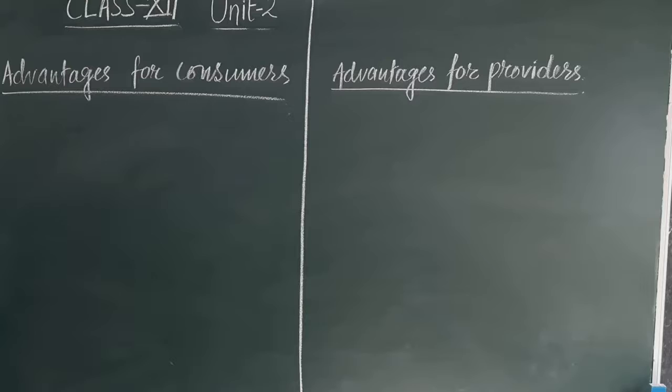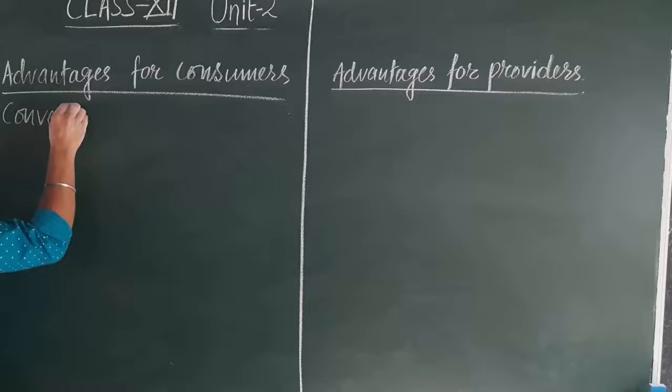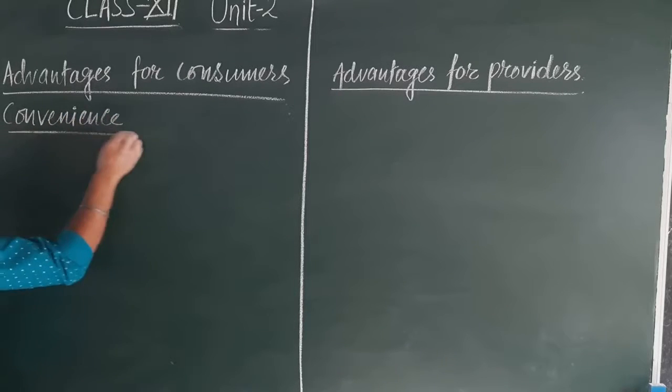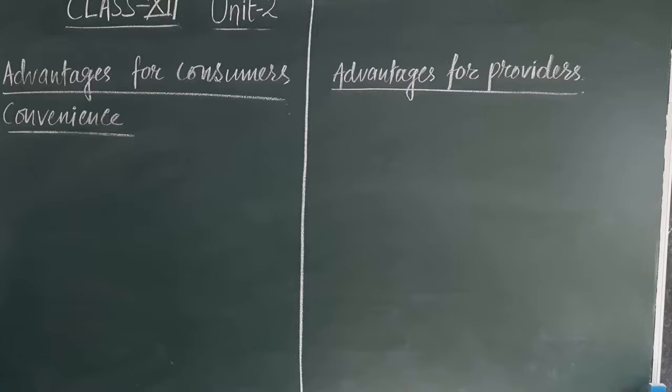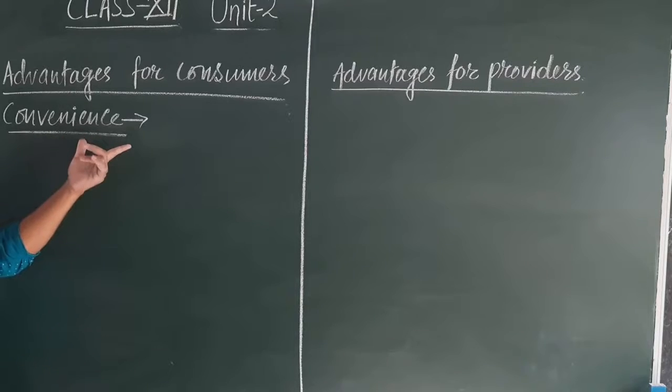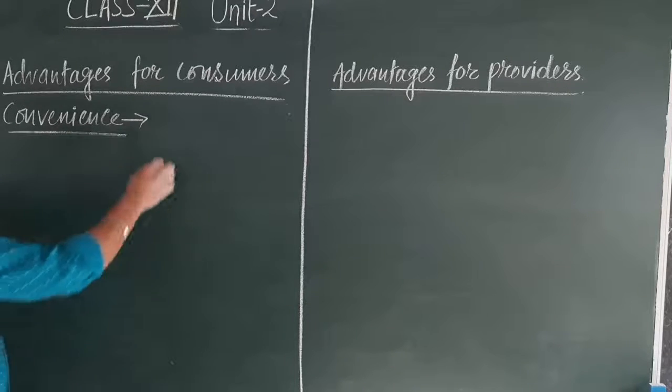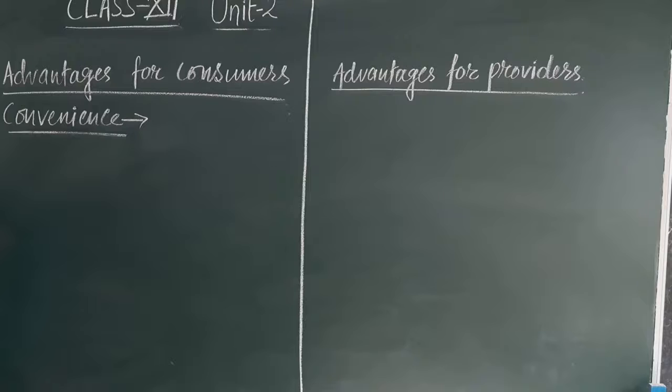So the first point of discussion here is convenience. Okay, so the first advantage of online reservation system for the consumer is convenience. What actually does it mean? See, a simple user or the consumer can avail this service at will, at any location, if he possesses simply a desktop as well as an internet connection.